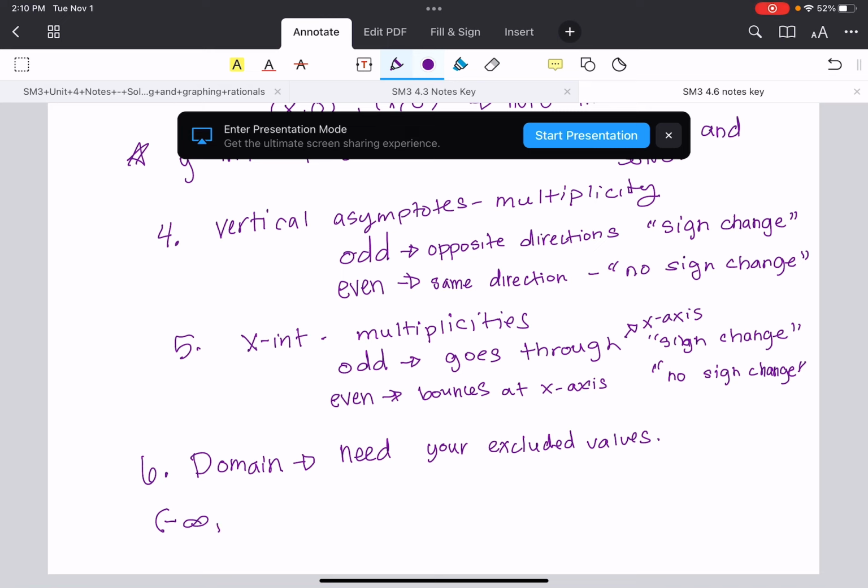Negative infinity to the smallest excluded value, and then your smallest excluded value to your bigger excluded value.